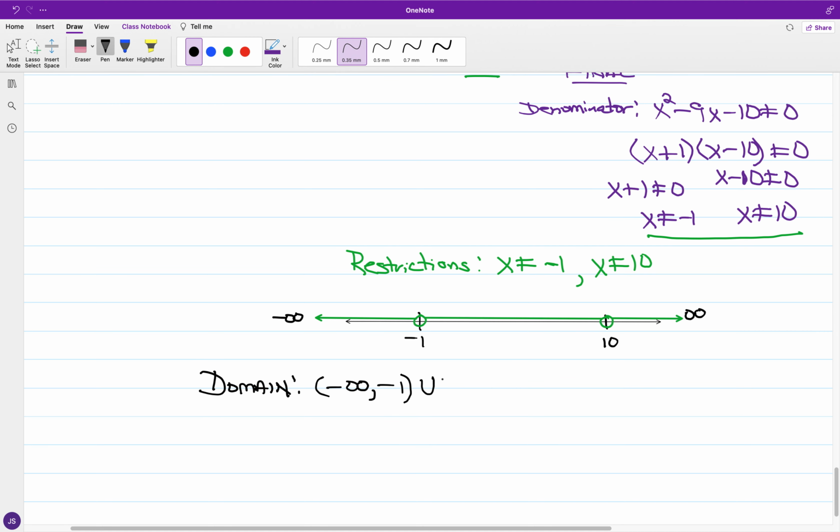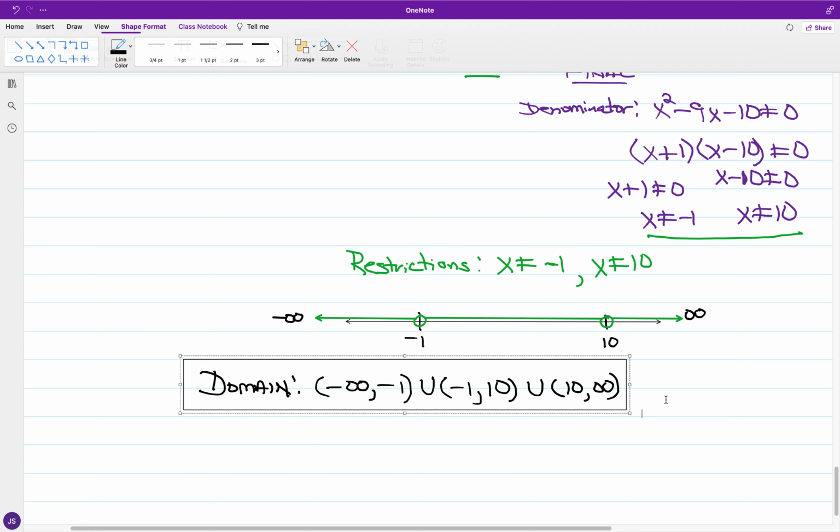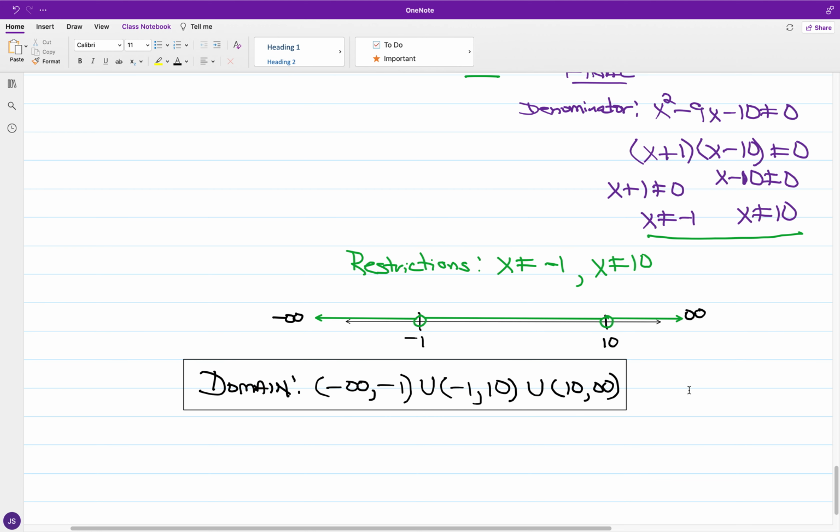Next, represented by the line segment, we have the set of values x between but not including negative 1 and 10. And at the upper end, we have those values of x greater than 10. So you have three separate sections in the interval notation for the domain.